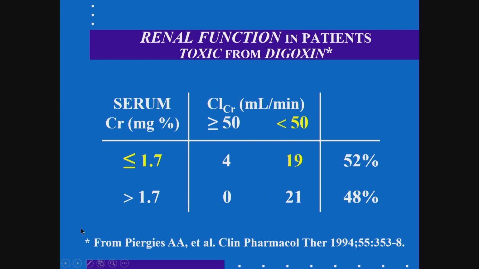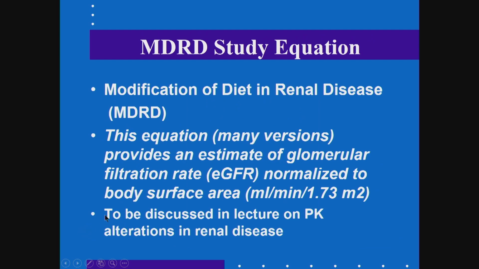On the other hand, the majority of individuals with creatinine in serum greater than 1.7 had a clearance of creatinine less than 50. So once again, it is important to estimate the clearance of creatinine.